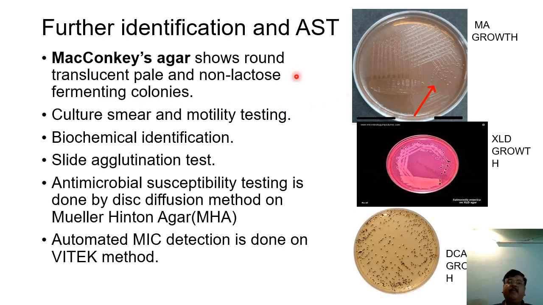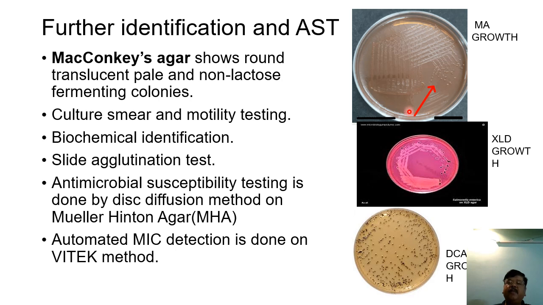So you can see MacConkey's agar here, non-lactose fermenting colonies, translucent, pale, non-lactose fermenting colonies are there. And XLD agar, pink colored colonies with black center are seen. Then DCA, deoxycholate citrate agar, pale colonies with black center. Why is there a black center formation?